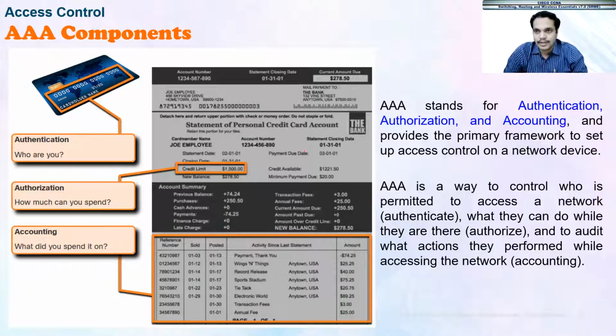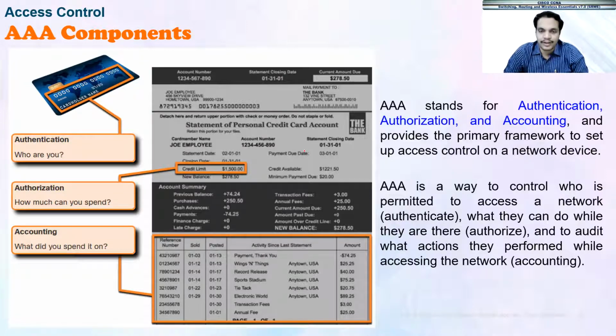In simple terms, is the individual permitted to access the network or not? First, you need to authenticate him. If he is permitted to access, then send him in. And once he is inside the network, whether he is doing only the actions that he is permitted to do, that is authorization. And then whatever he does, you account for it or you log it.